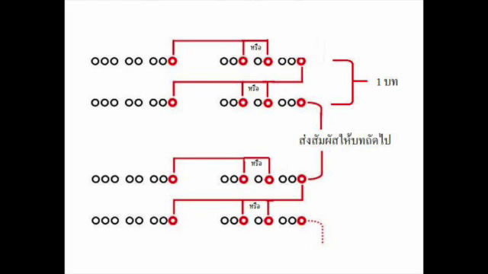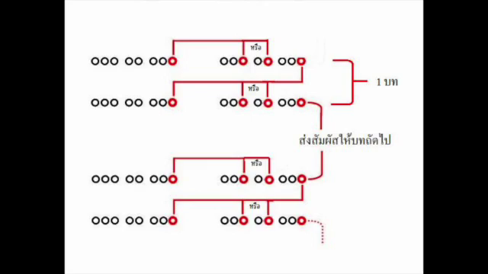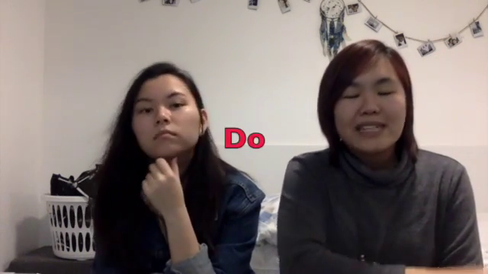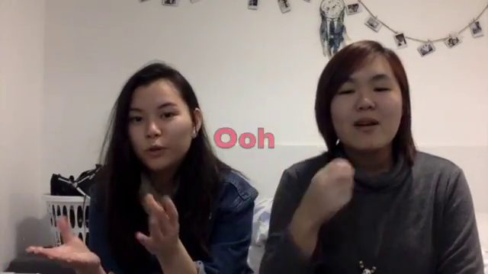The last syllable has to connect to the third syllable of the next line. The red line represents the rhymes of the syllables. So if the syllable in the first line is do, the next syllable that connects to it has to sound the same, like who, boo, you, ooh, something like that. And it goes on and on like that.